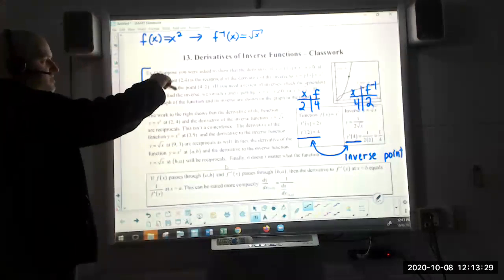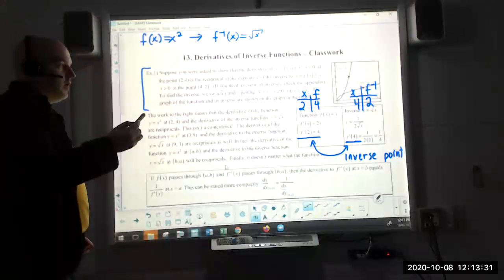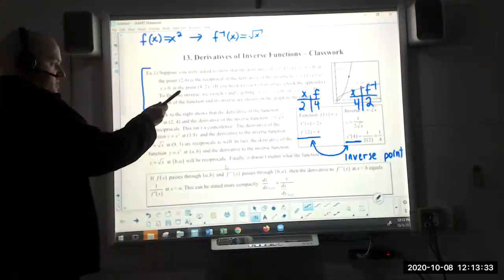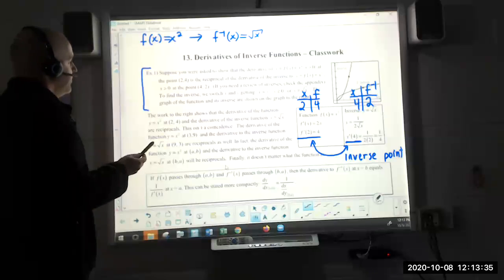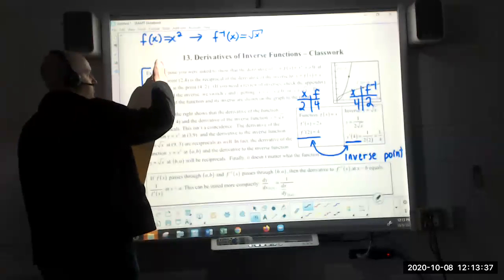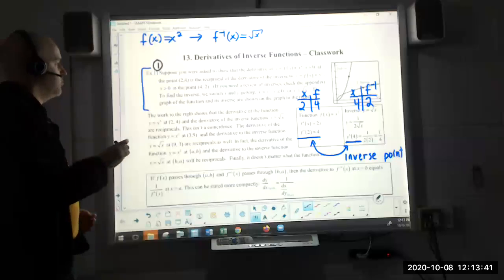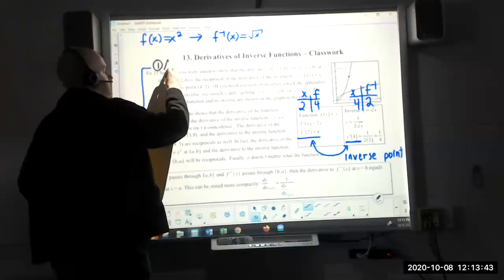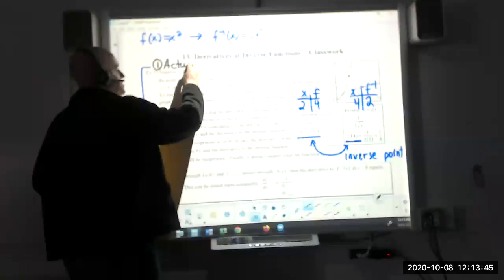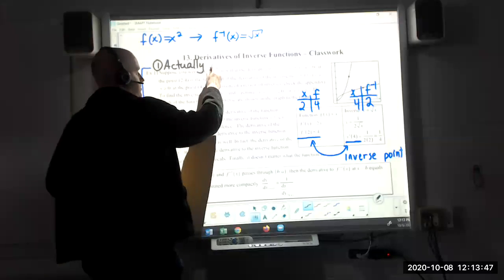So this example 1, otherwise, besides the same things, I think is a really good example of one of the 3 ways you can do an inverse function derivative. And this one hardly ever works. But I'm mentioning it because it does work sometimes.